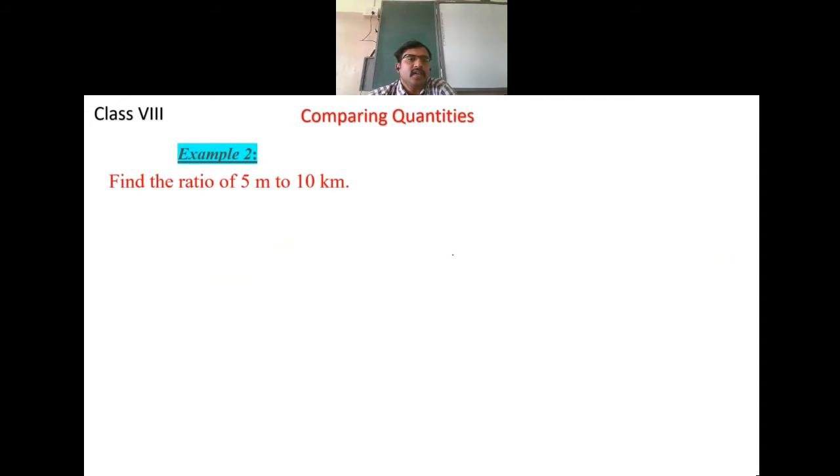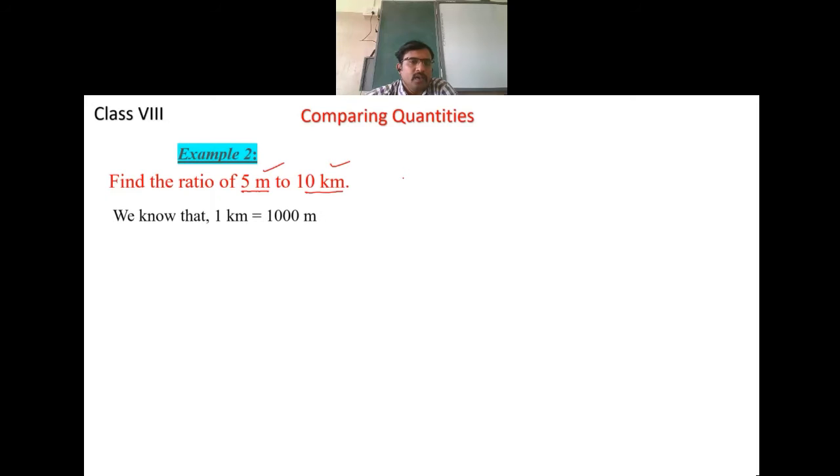Look at this example. 5 meter to 10 kilometer, I need to write it as a ratio. Observe both the quantities are distances. Sir, we should convert kilometer into meter.